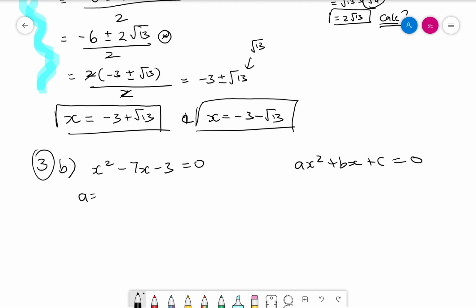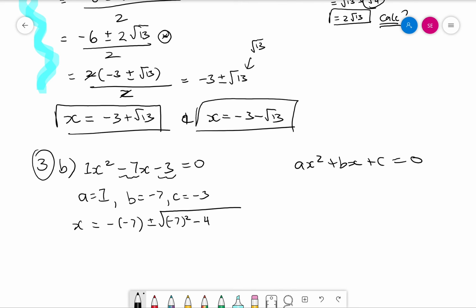So we have a is equal to 1, b is equal to minus 7, and c is equal to minus 3. So we got x is equal to minus b, so it's minus minus 7, plus or minus the square root of 7 squared, minus 4 times a, and then times c, over 2a.